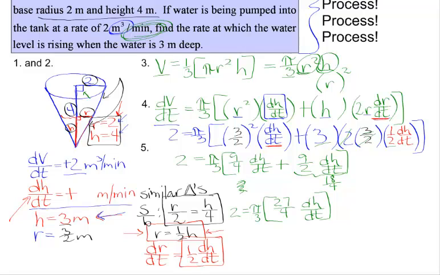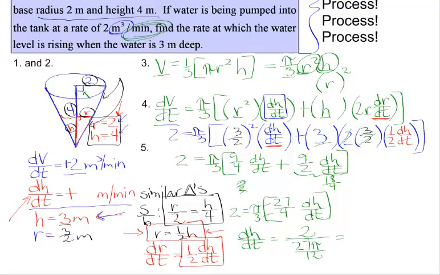Watch my addition and subtraction carefully here. If I'm going to make a mistake, this is where I'm going to make it. So I'm going to solve this for dh dt. dh dt must therefore equal 2 divided by, and I'm going to put these two fractions together, 27 pi over 12.